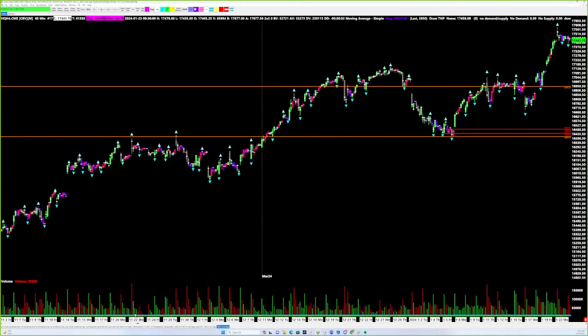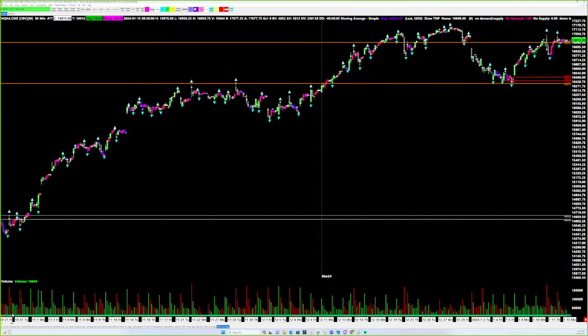Let's see if I can find it. Well, you see we haven't had one. Here, let me pull it up so you can see what it looks like so there's no confusion. We'll give it a minute to load. Shouldn't take too long.